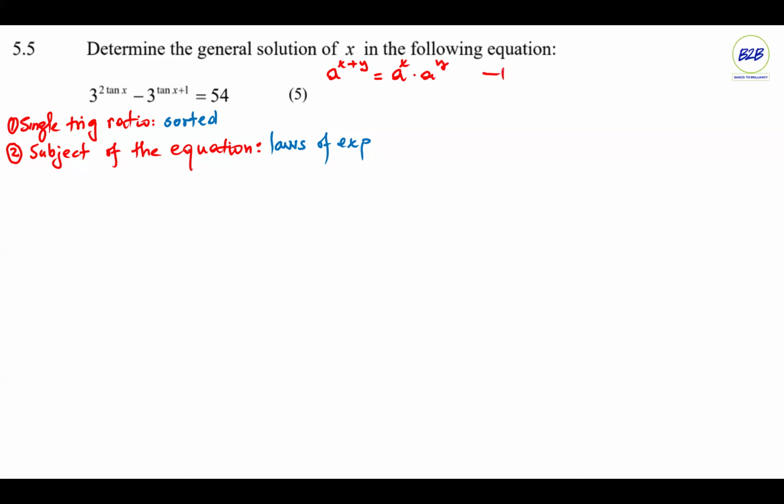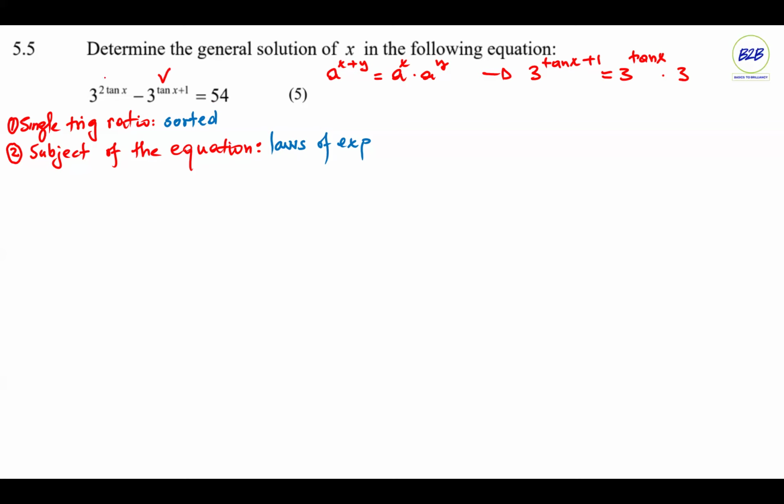So similarly, we're going to say 3 to the power tan x plus 1 can be equal to 3 to the power tan of x times 3 to the power 1. We don't have to write that one. It's not necessary. So that is how we deal with the second term, laws of exponents.